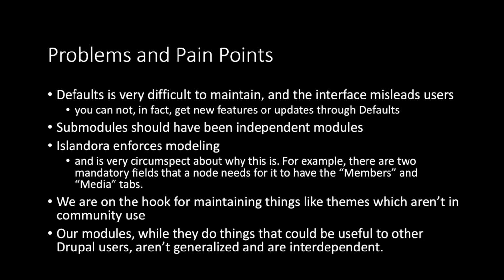The proposal from Discovery Garden was to make Islandora independent of modeling. And that's fundamentally a change to the paradigm that we've been using. I think it's possible, and I think that it could be a very powerful switch over, but it would mean that we have to change some of the ways that we do things.